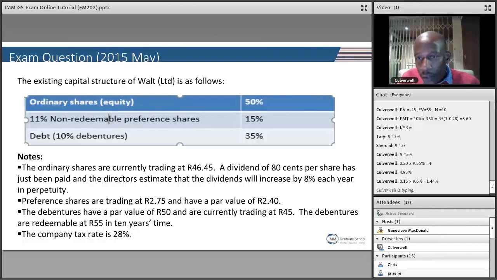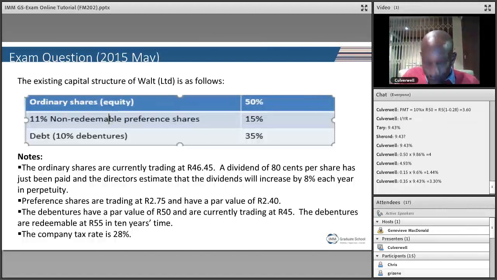And then you calculate your weighted cost of debentures, which are debt. The weight is 35%, 0.35, multiplied by its respective cost. We got 9.43 just now. So 0.35 multiplied by 9.43 gives you 3.30 in short.